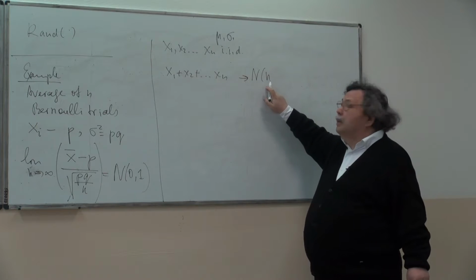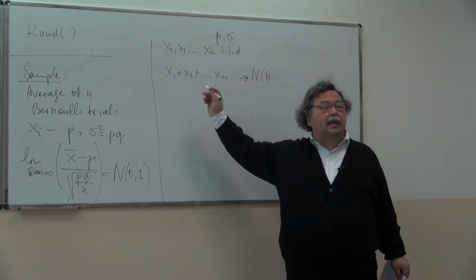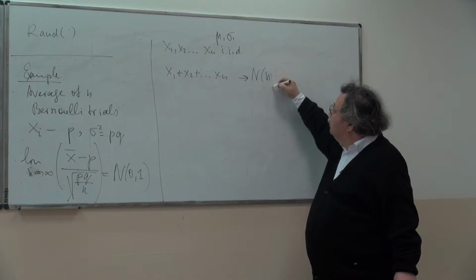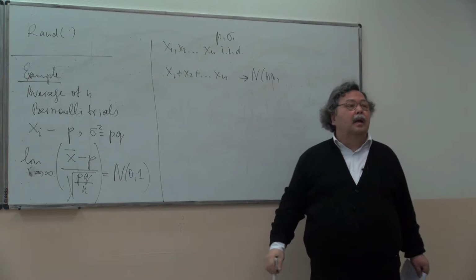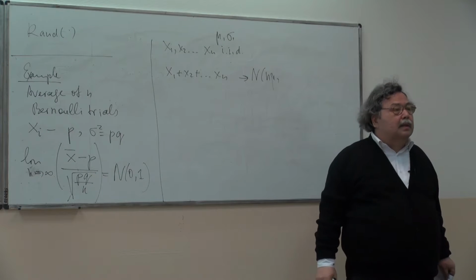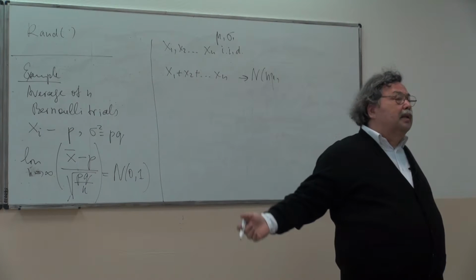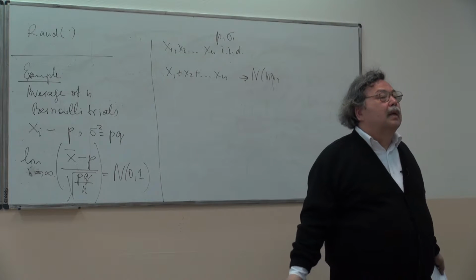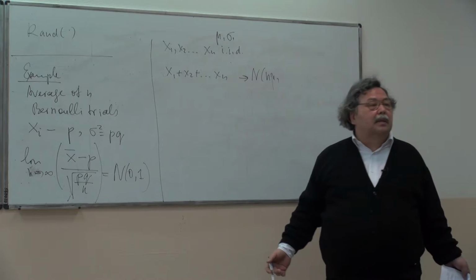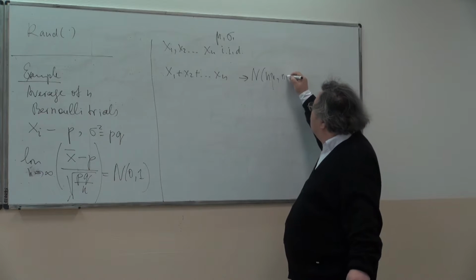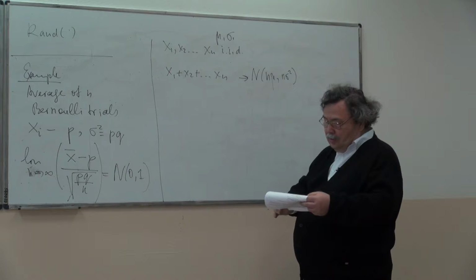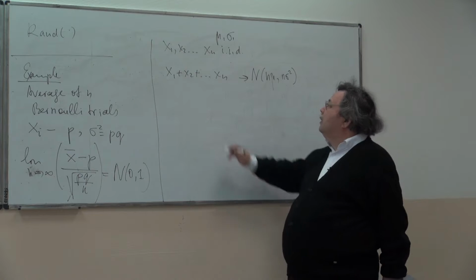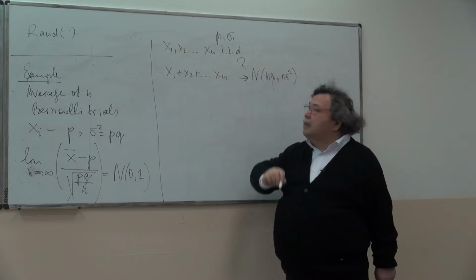Well, the mu of the sum must be n times mu. Okay? And the variance of the sum, if they are independent, is the sum of the individual variances. And because they are all the same, it's n times sigma squared. So the question is this. Is this correct?